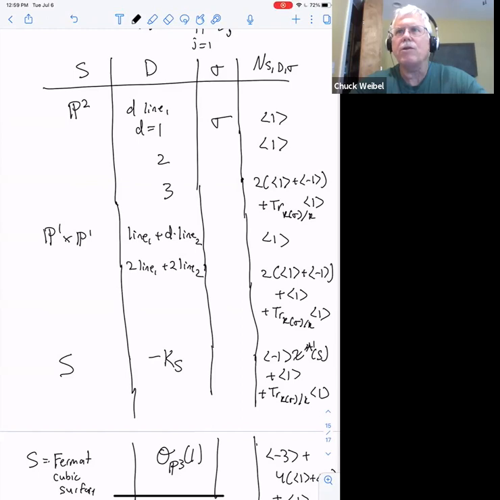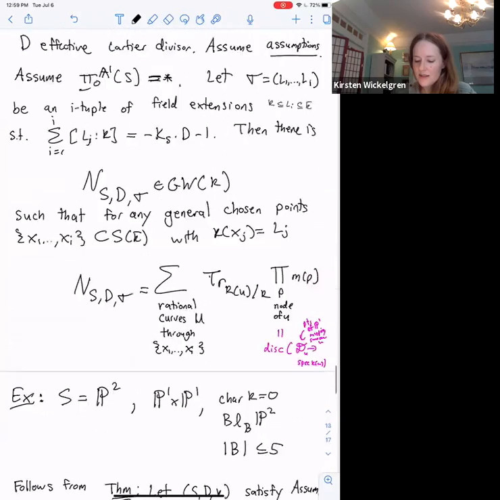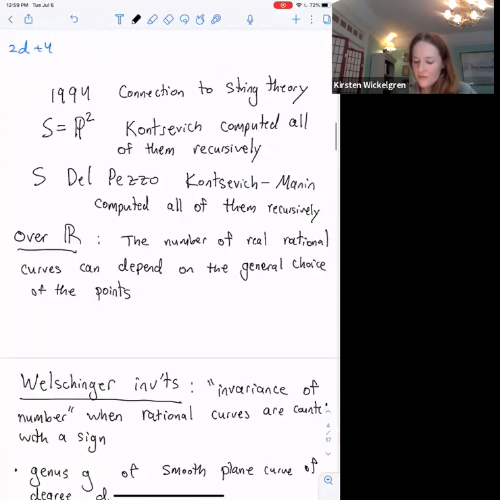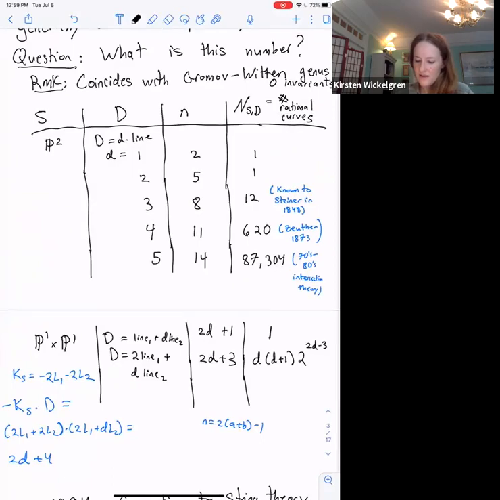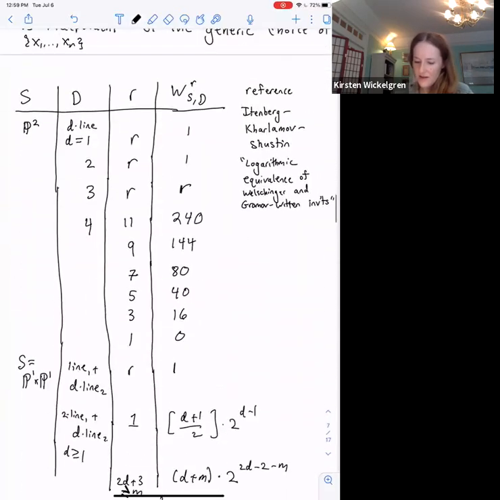Kirsten, can you tell us the connection, like say over the real numbers, between these elements of the Grothendieck-Witt group, these capital N, and the number of configurations with given real and complex intersections? So this is the weighted count of real points when you go through, say, 9 real points, and then it has to be 1 complex conjugate pair to get up to the appropriate degree.